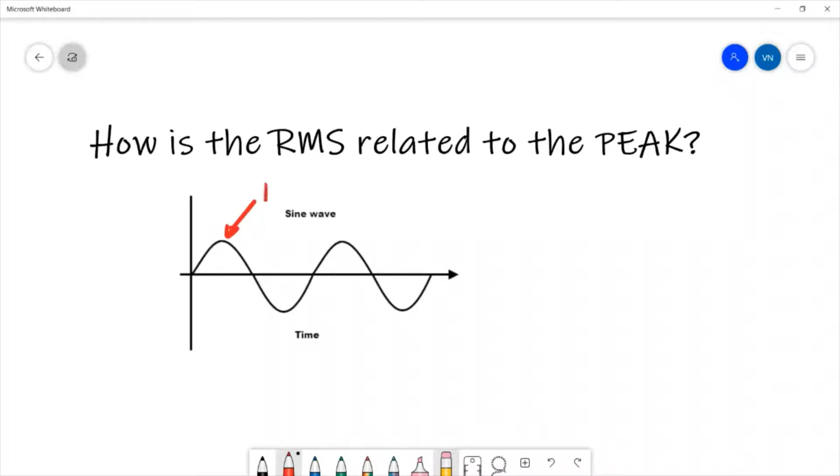Well, we know that the peak is 170 volts and that the RMS is down here at 120. So there must be some conversion factor or multiplier that enables you to switch from one voltage to the other. And that conversion factor is root 2. You basically convert from RMS to peak voltage by multiplying by 1.414 or dividing by 1.414.